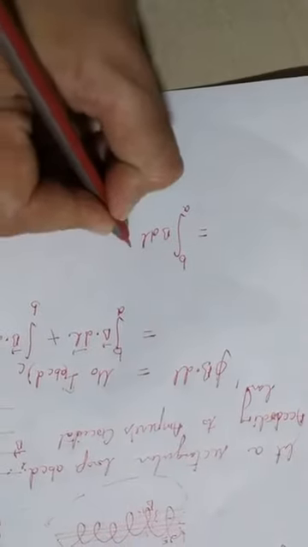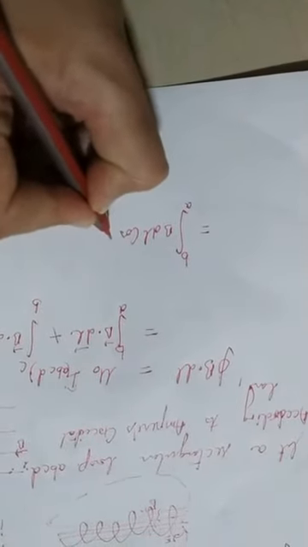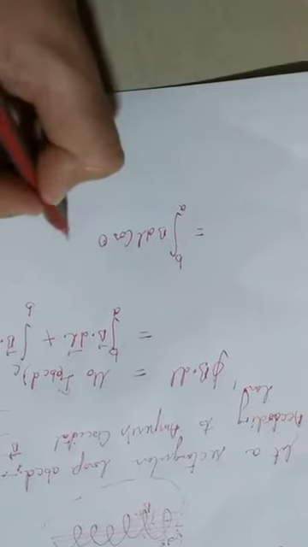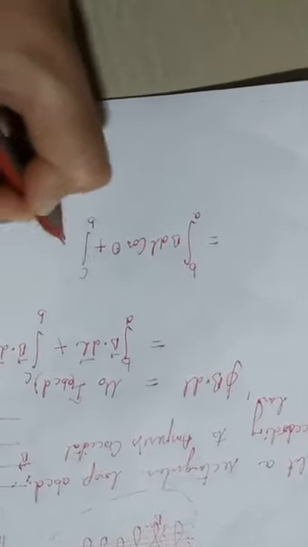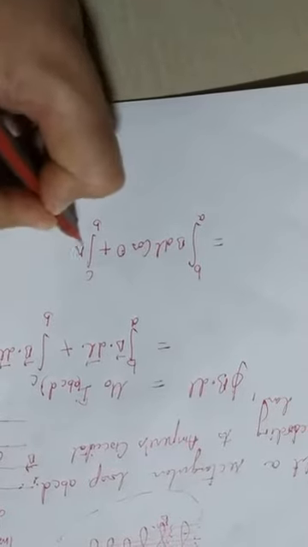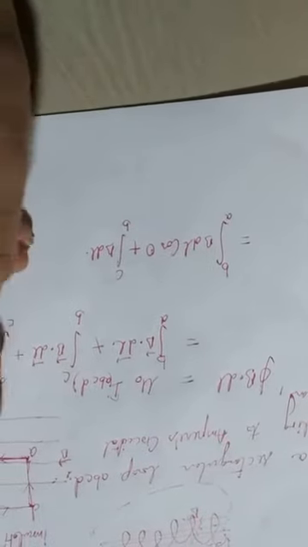B is acting in this one direction and the length is also in this direction, so the angle between them is 0 degrees, cos 0. Next, along BC, B dl cos theta.